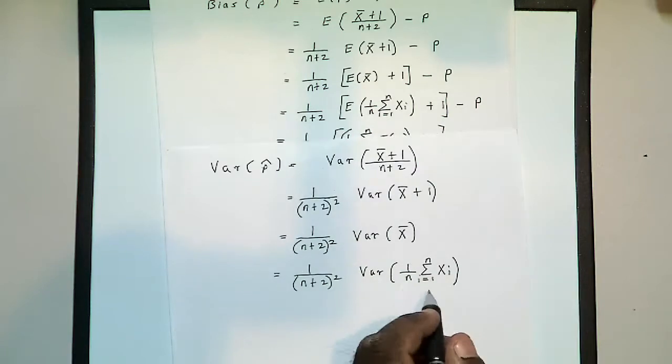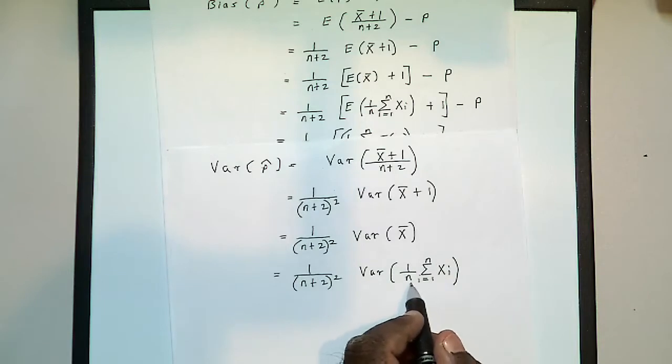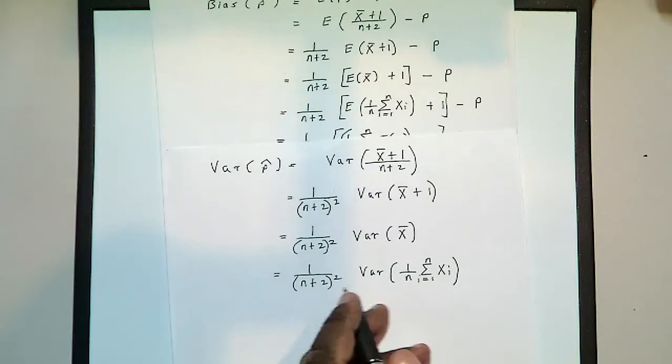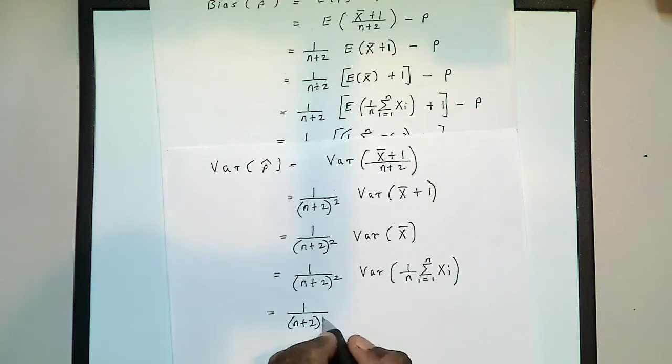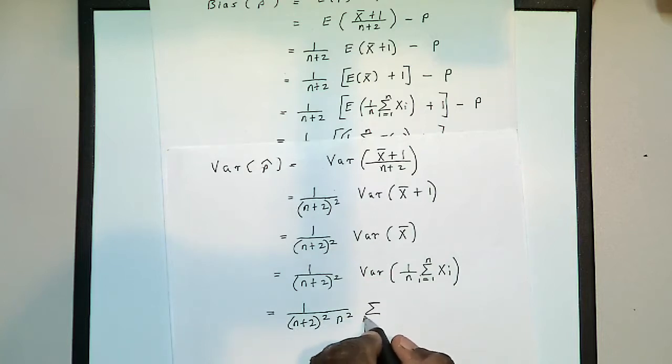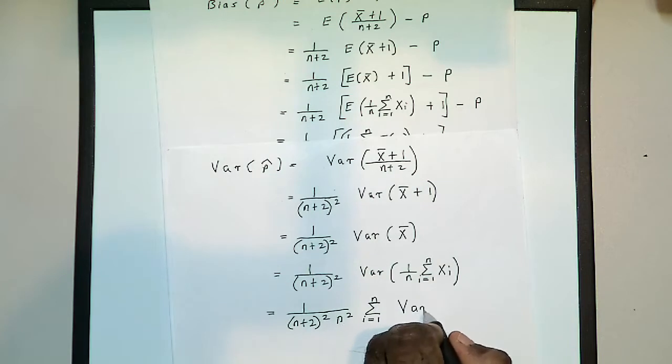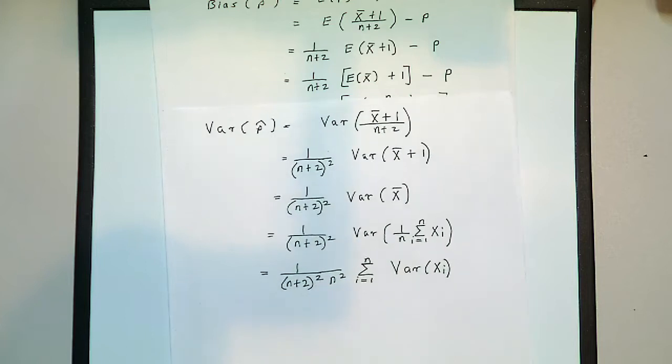Now I just put the definition of x bar. Now I'm going to pull the n outside of the brackets, so it becomes n squared. I'm sure all of you know that the variance of a binomial is mp times 1 minus p.